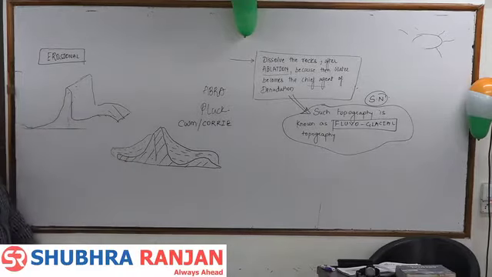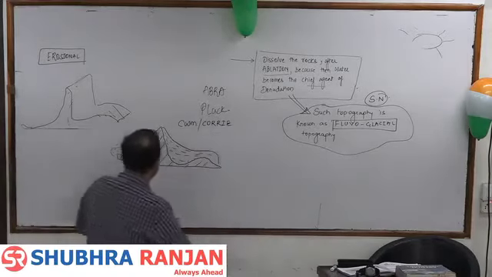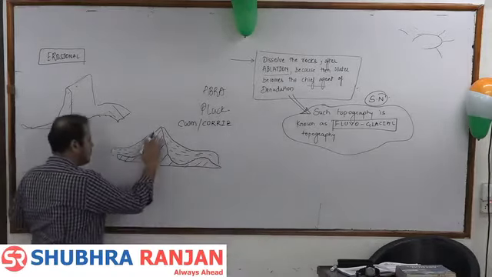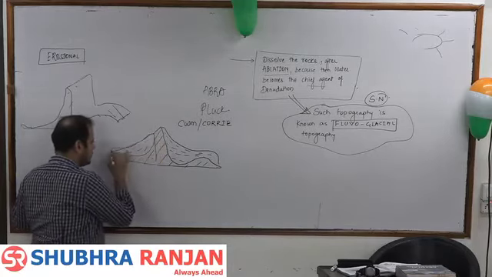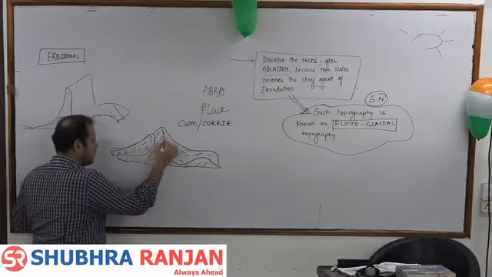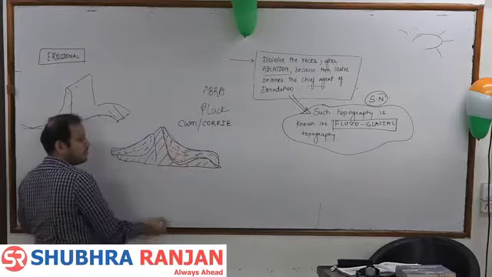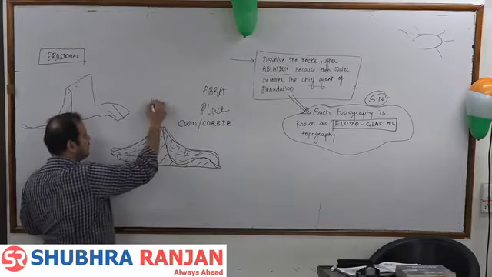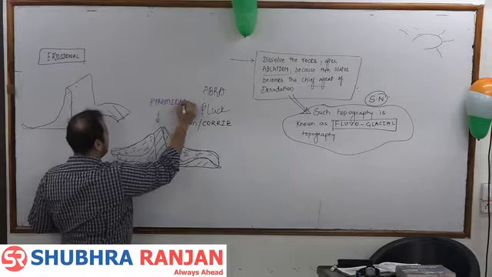The peaks of the mountain will become very, very steep. Now let me clear the confusion. You will understand how. Blue color is the glacier. The peak of the mountains will become very, very steep, and this is what is known as a pyramidal peak.